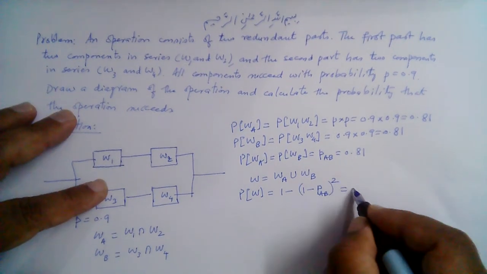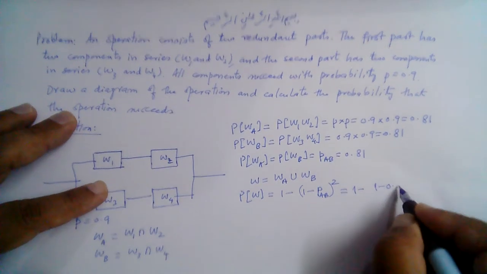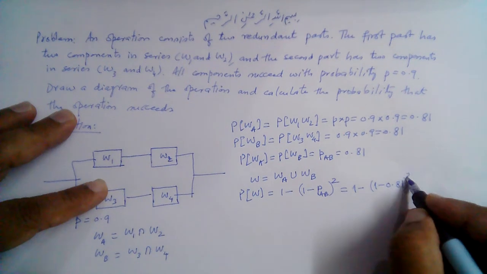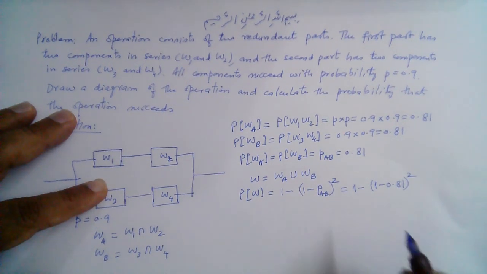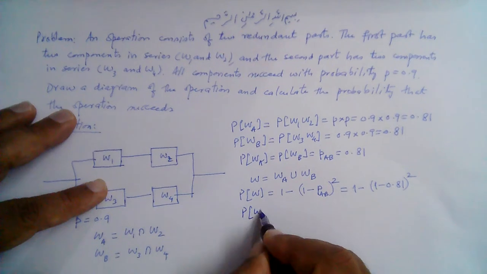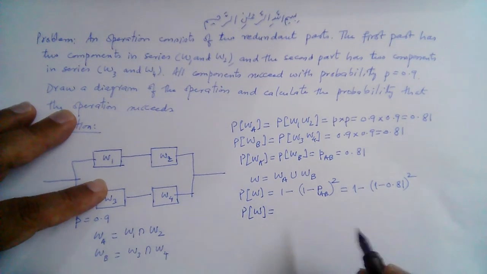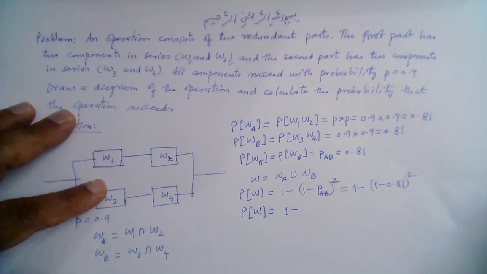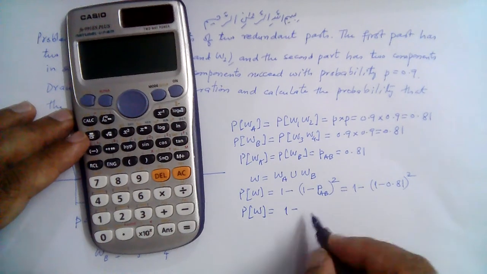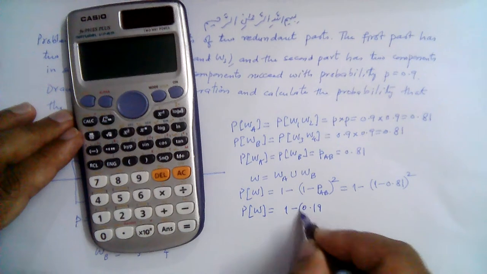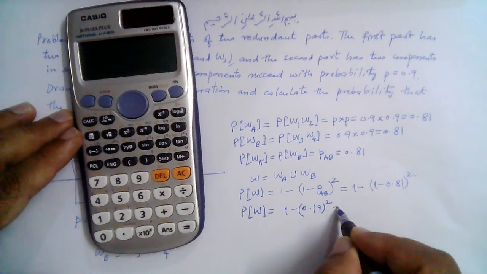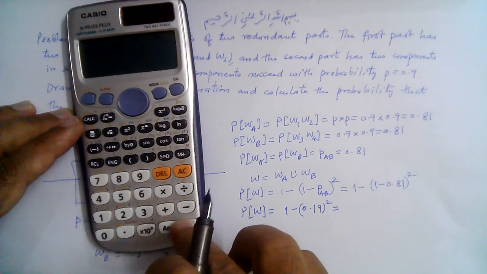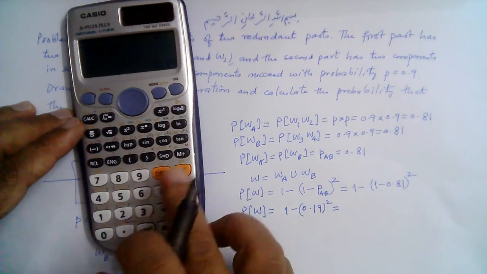So this is 1 minus 0.81 raised to the power 2. So 1 minus 0.81 is 0.19, raised to the power 2, right?